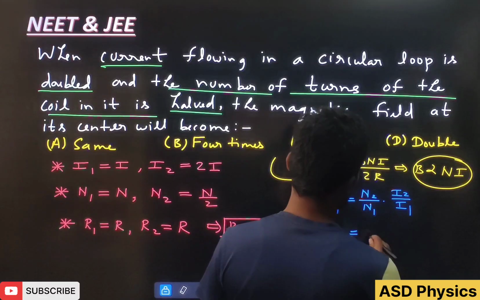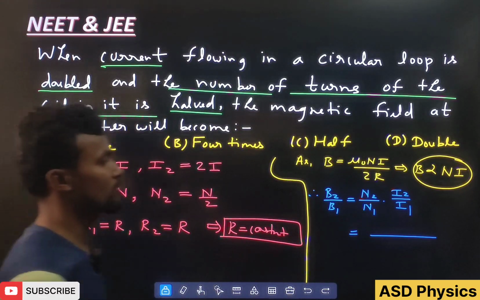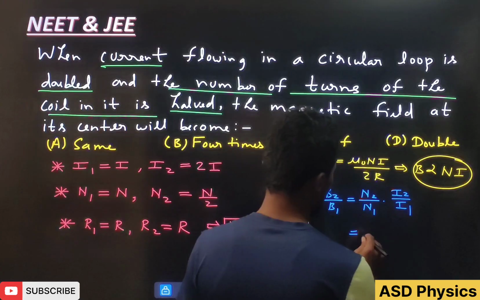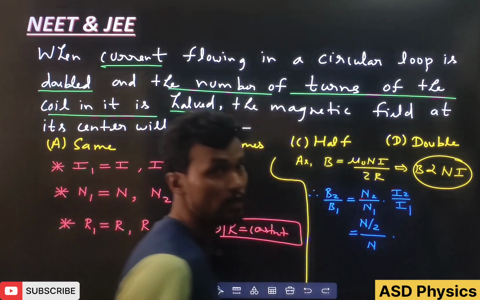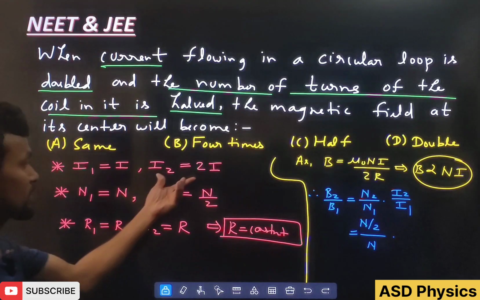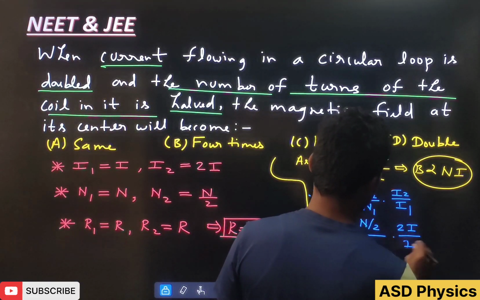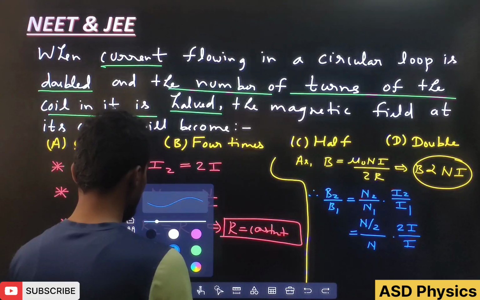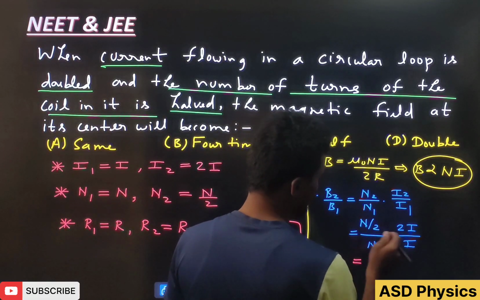Now what is N2? N2 is N by 2 and N1 is N. So we can write N by 2 by N. And I2 how much here? Current I2 is 2I, and initial current is I. So when you see properly, all these things will cancel out here.